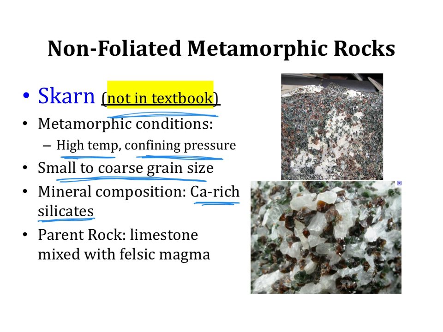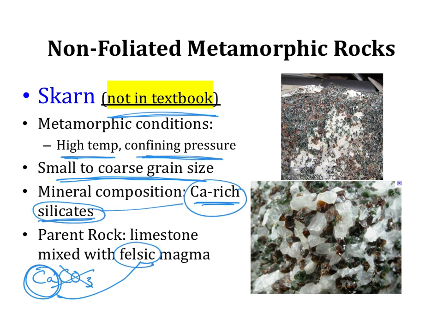What happens then is that the heat from the magma drives off carbon dioxide. Remember, calcite is Ca, calcium, CO3. So basically the heat drives this out, and it leaves the area as a gas, and it leaves a lot of calcium behind. And so that calcium gets added to the felsic magma, and that's why we end up with these calcium-rich silicates.